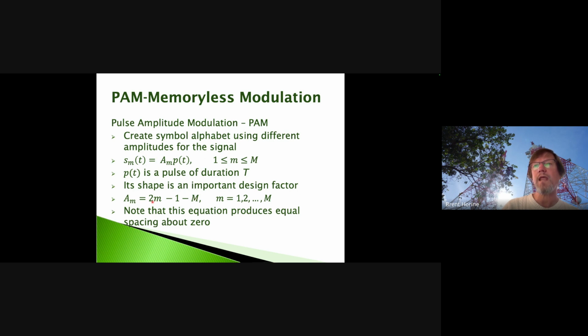And so let's plug in 1 here for m. So we'd have 2 minus 1. So that's 1 minus 16. So that's going to give us a minus 15, right? Or we might have 14 here, right?